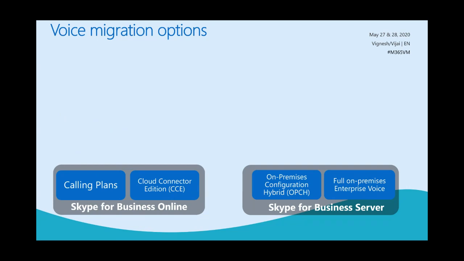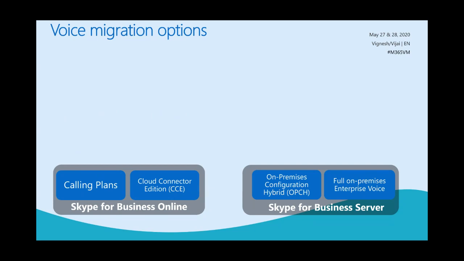And say for instance, if you're a Skype for Business on-premises customer using OPCH, you would be an Office 365 user in the online, but to take advantage of the voice workloads, you would use the ones built on Skype for Business on-premises.